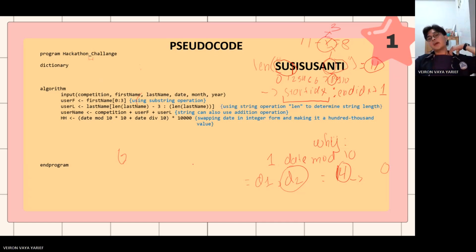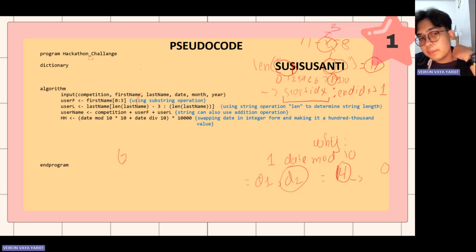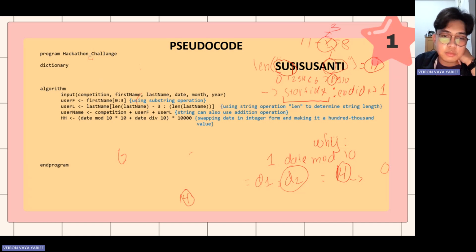After that, why do we need to multiply by 10 after we take the modulus? If we have 14, what we need to do in this algorithm is take the last digit, and after that, we need to make it become 4x, 40 something, right? We need to move it to the front. Then we need to make it become 100,000 values, okay, that's for the last thing.